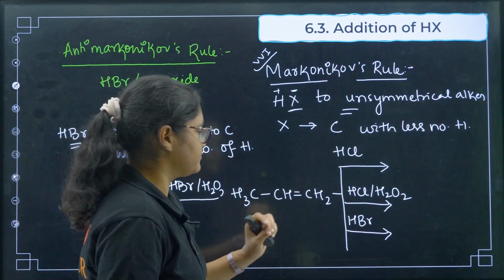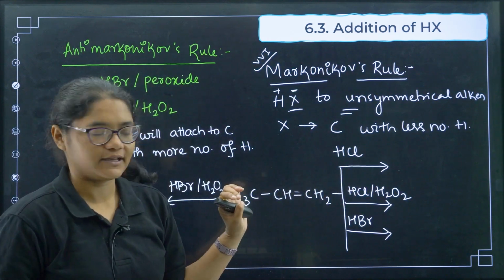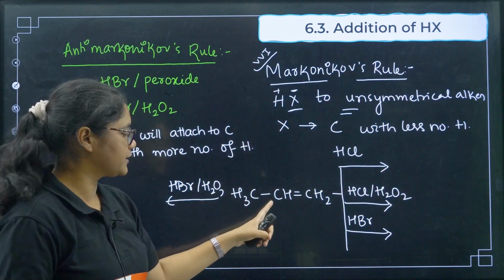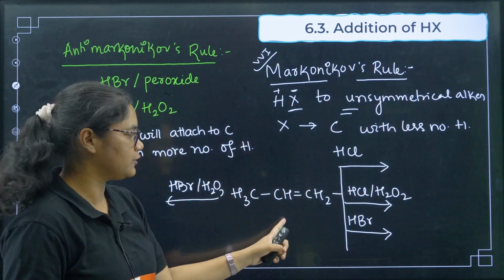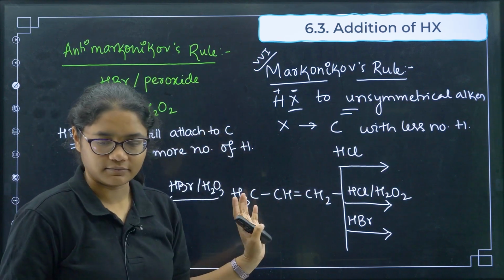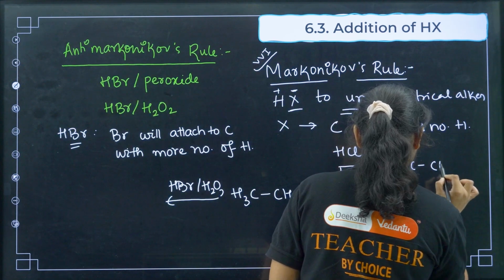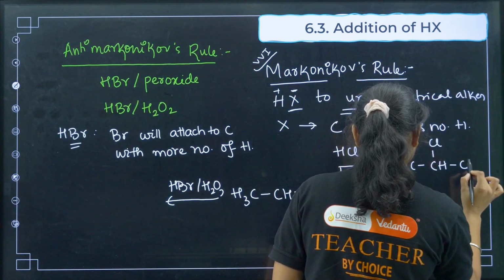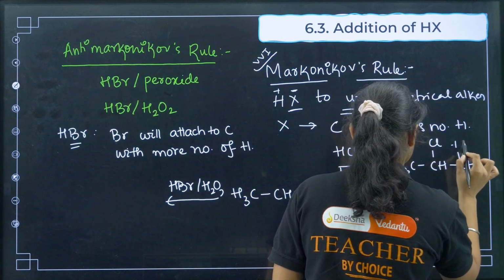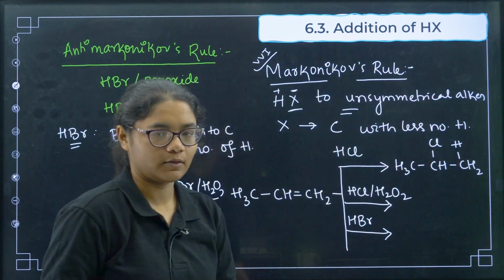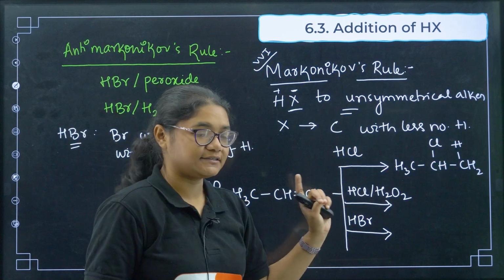Now see, first HCl is there, normal HCl, it will follow Markovnikov's rule. So you can see this carbon is having less number of hydrogens, so chlorine will attach here, right? So what will I get as the product? CH3, CH, Cl, CH3.